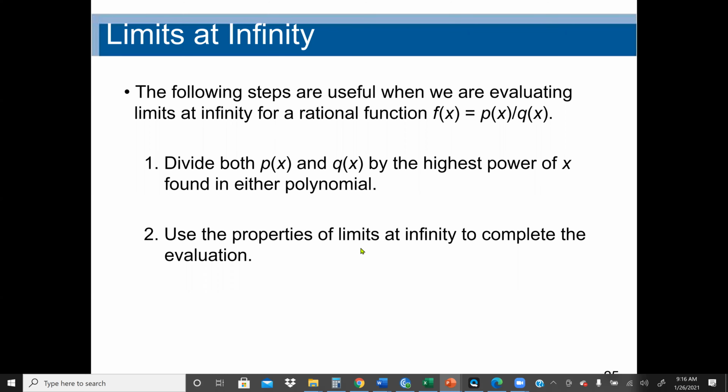Then we use the properties of limits at infinity to complete the evaluation. These are the two steps we just did for the two examples. Always when the limit approaches infinity, whether positive or negative, this is the step we have to use. But if it's approaching a regular value, then we substitute with the regular value. We don't need to divide by the highest power of x.